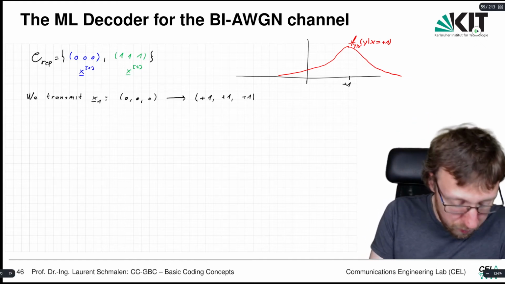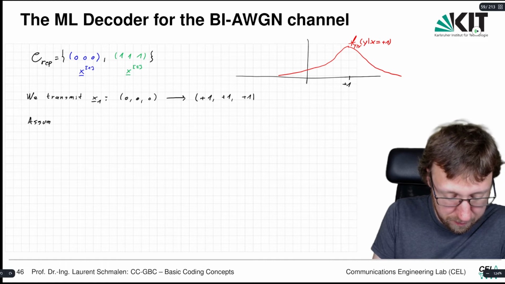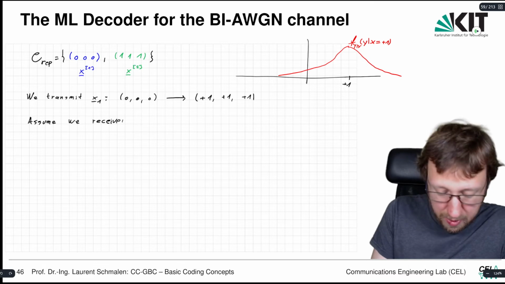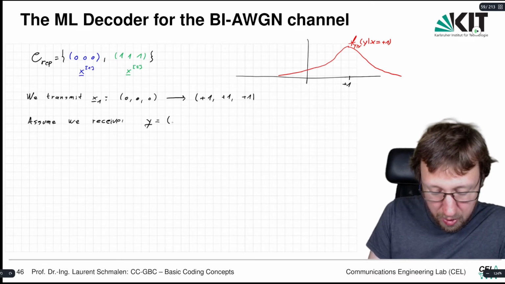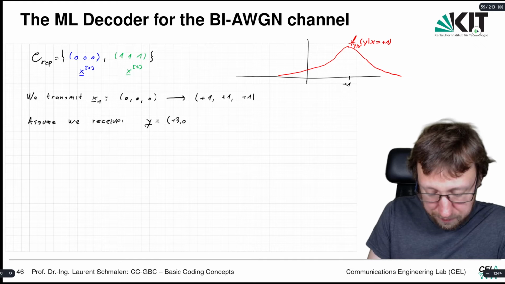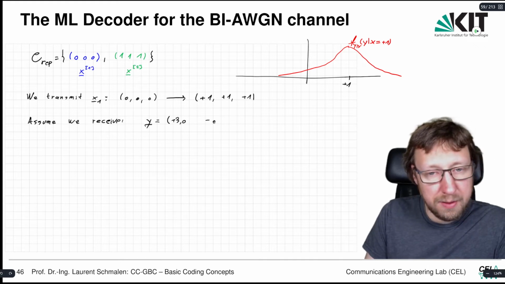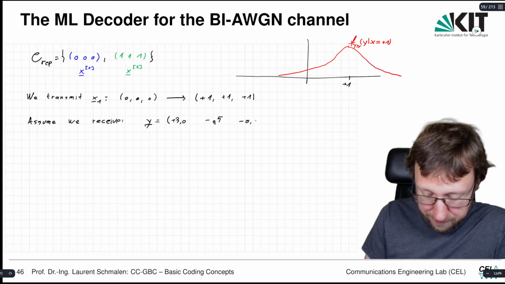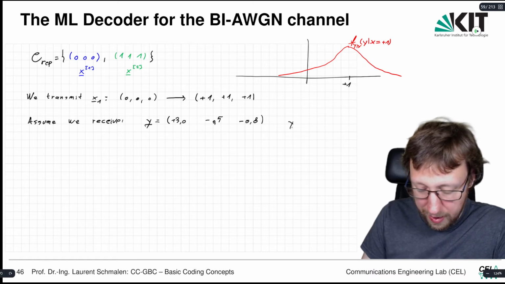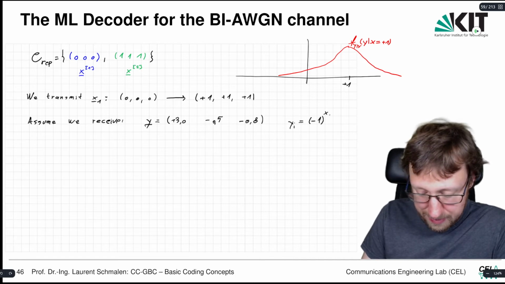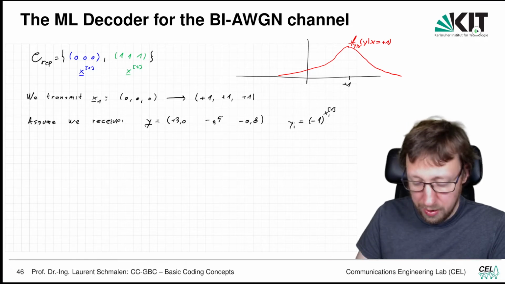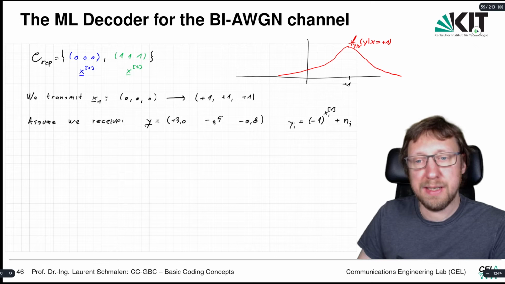Now assume we receive the vector y, which is +3.0, -0.5, and -0.8. Recall that yi is equal to (-1)^(xi), because we transmit x1, plus some noise ni.